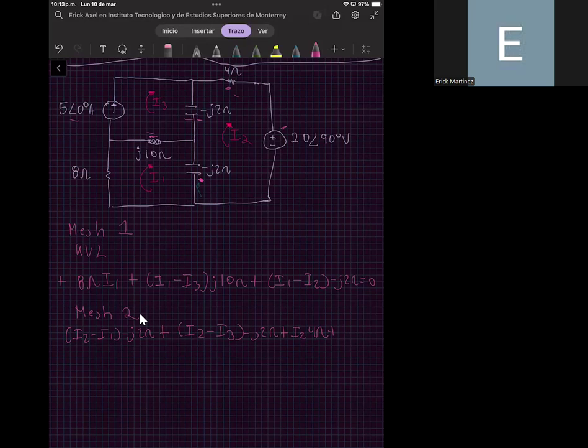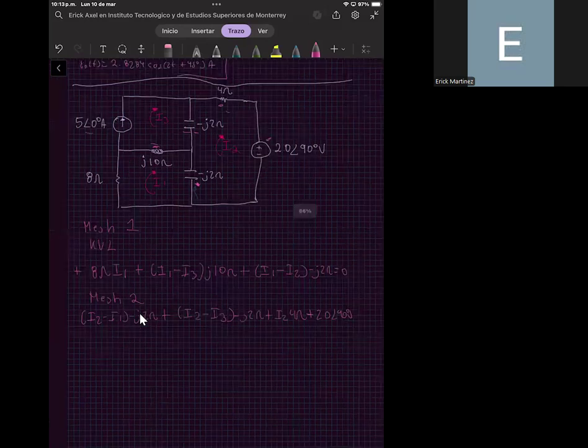But in this case, you can see that I2 is flowing in this direction and is entering through the positive terminal of this voltage source. So we say that here I2 is entering the positive terminal, so this voltage is equal to plus 20 with an angle of 90 degrees volts.